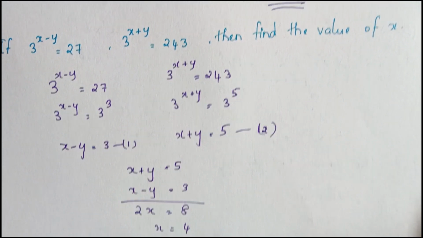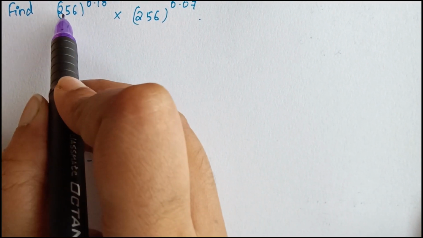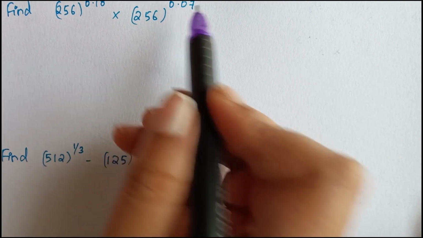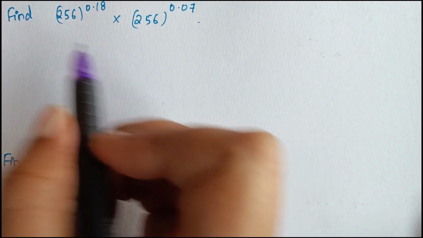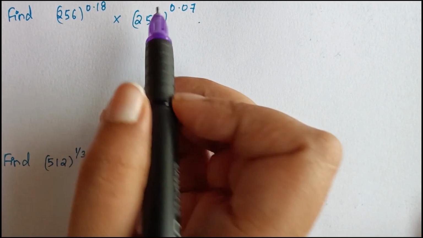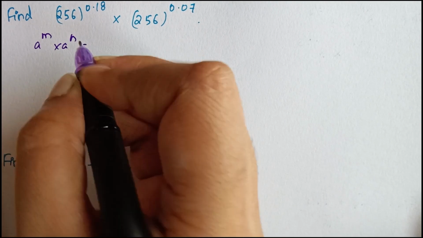Next question is, find 256 the whole raised to 0.18 into 256 the whole raised to 0.07. Here it is of the form a raised to m into a raised to n. A raised to m into a raised to n is equal to a raised to m plus n.